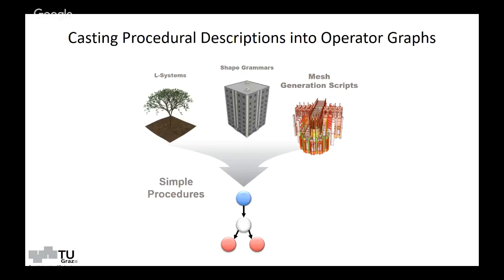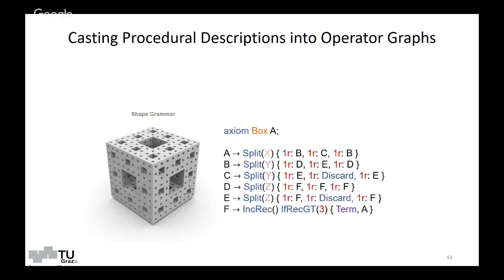Okay, I'm not going to tell you too much about how we cascade the operator graph. I will just show you a quick example of how a shape grammar could look. So you would come up with different rules, and you start with a box. You then split the box along the x direction into 3 parts, and you assign the first part to this rule, the second part to this rule, and the third part to the second rule again.